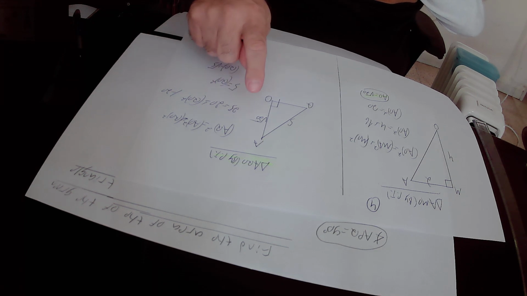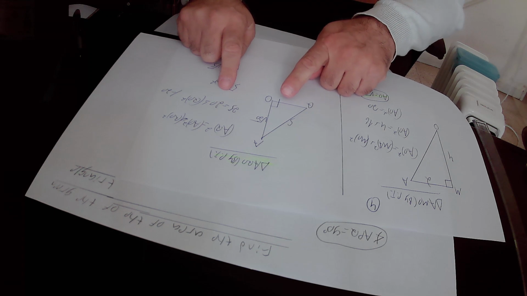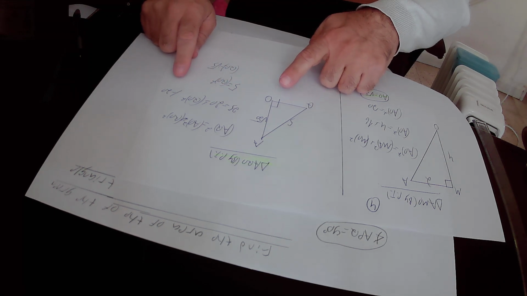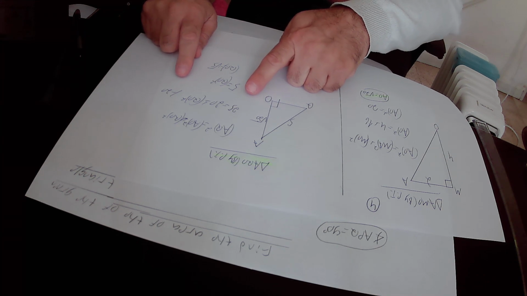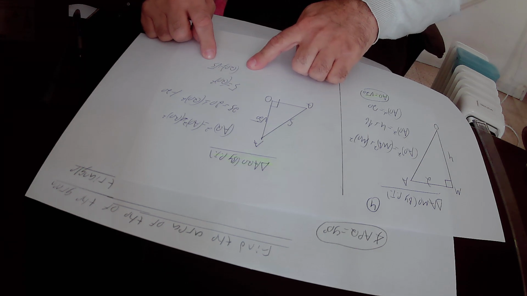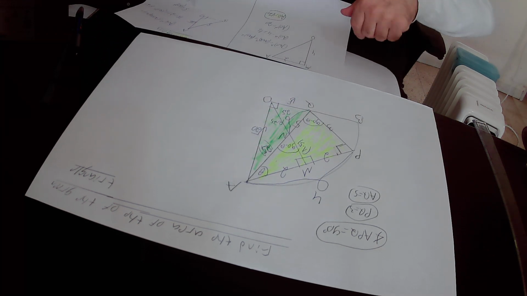AQ is 5, so AQ square is 5 square, that is 25, plus AO square. AO is the square root of 20, therefore AO square is 20, plus QO square. We subtracted 20 and found that 25 minus 20 is 5, so 5 equals QO square. We took the square root and finally found that QO equals the square root of 5 units.